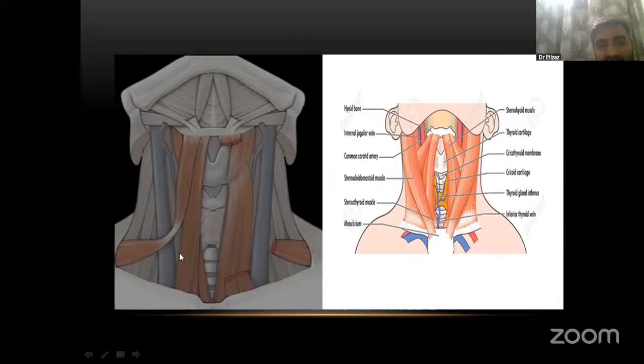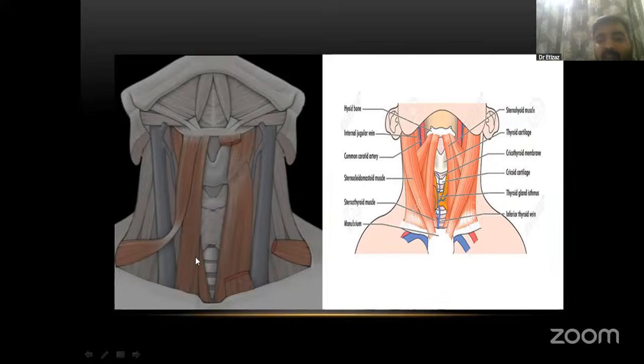This is the omohyoid. This is the sternohyoid. And one more muscle is there. This is the thyroid cartilage, and this is the hyoid bone. The muscle in between the hyoid bone and thyroid is called the thyrohyoid muscle.